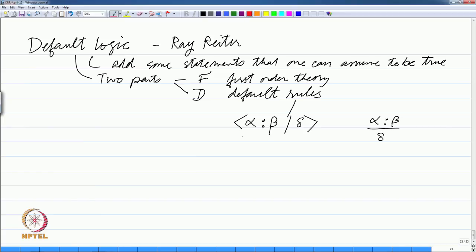Here alpha is a prerequisite, beta is called the justification, and delta is called the conclusion.